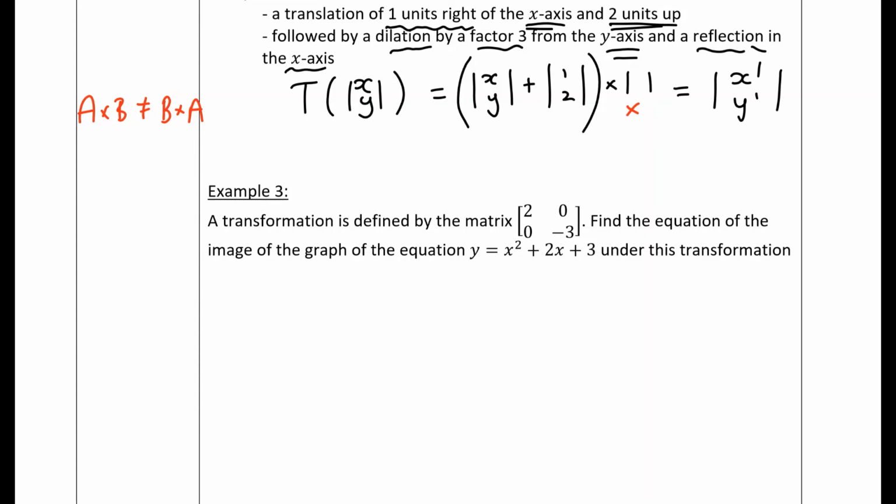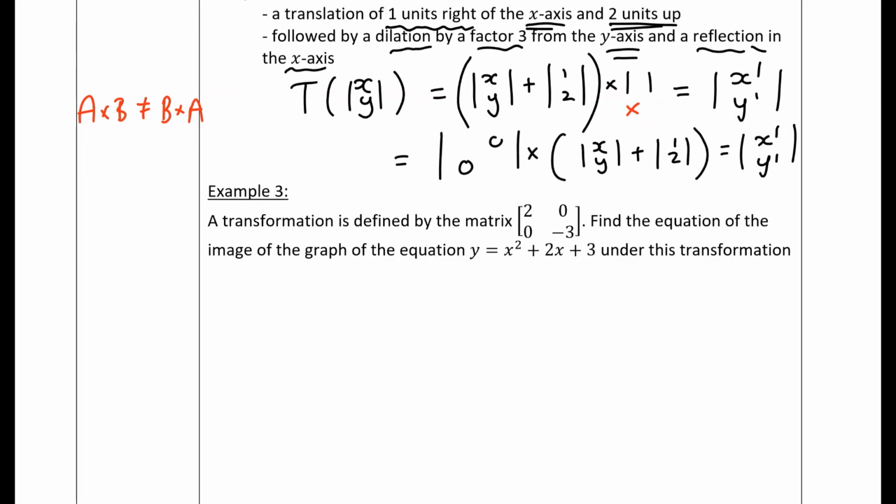So a 2 rows by 1 column, a 2 by 1, cannot be multiplied by 2 by 2. And so I need to know that dilation always has to happen first. So this will be my dilation matrix. Then I'll multiply that by xy plus 1, 2, and that'll equal x dash, y dash.